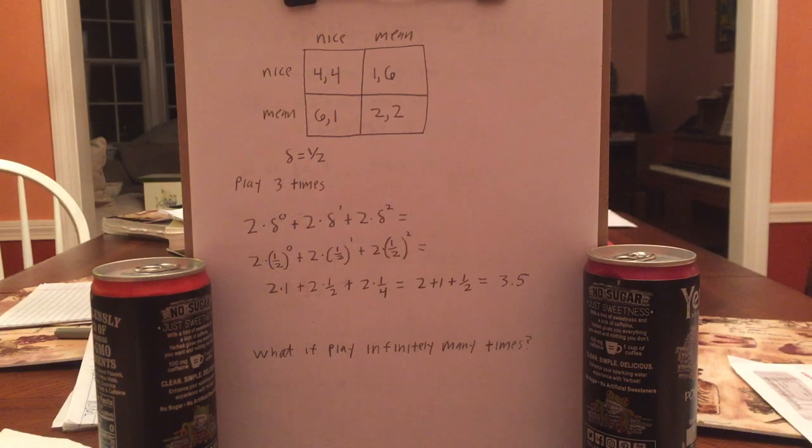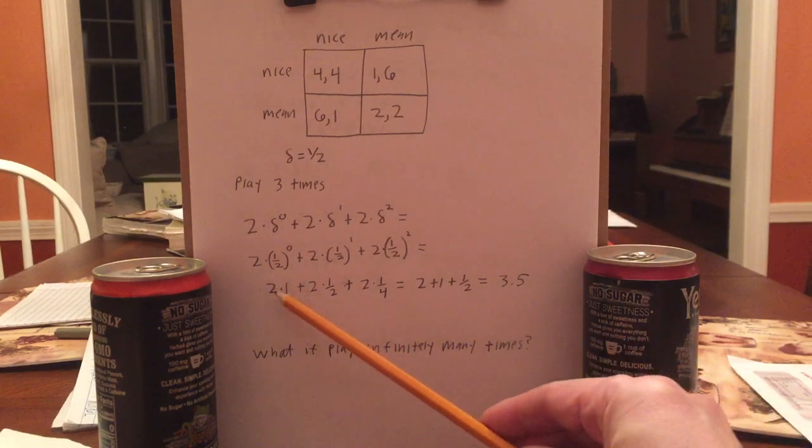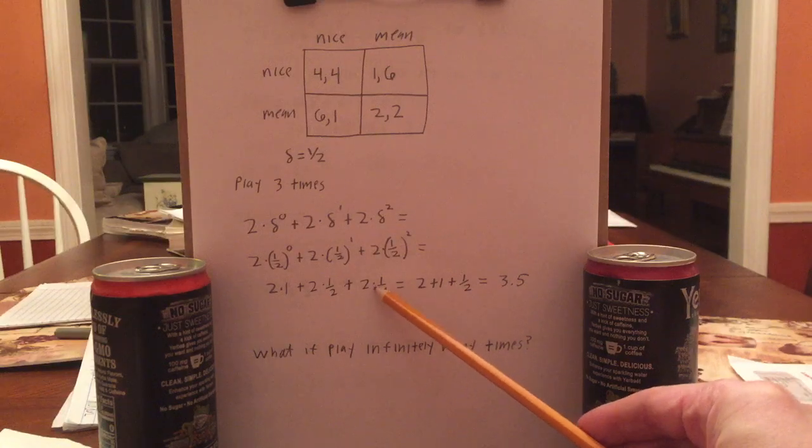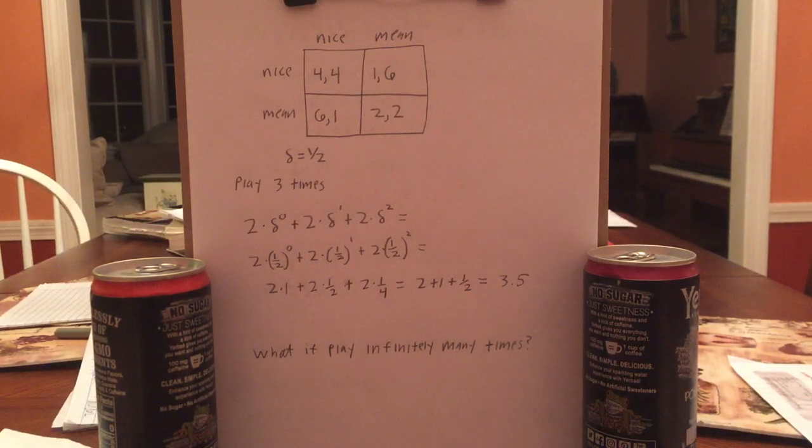Well, if delta's 1/2, the value of getting $2 1 period from now is 1. And then what's the value of getting $2 2 periods from now? What's the discounted present value of getting $2 2 periods from now? Well, if delta is 1/2, it's 1/2 times 1/2 or 1/4. So you get 2 plus 1 plus 1/4, and that's, of course, 3.5.